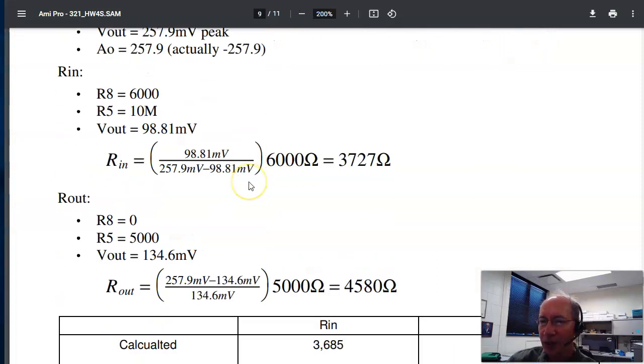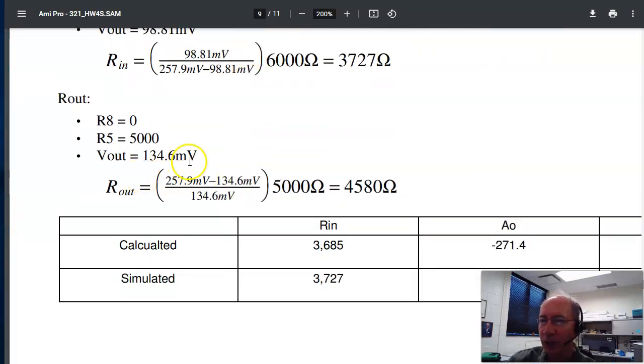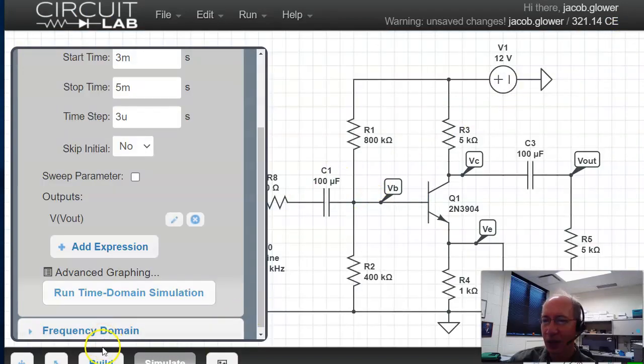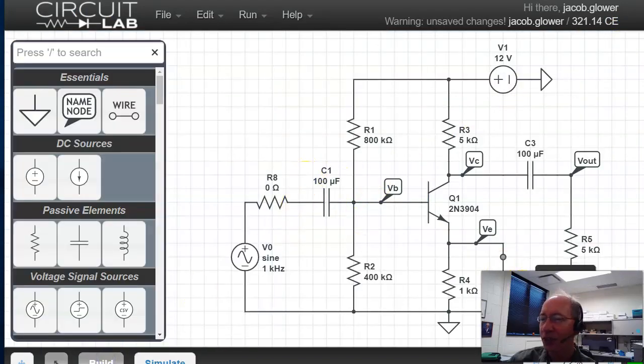What that tells me is the output resistance will now be the original voltage, A out, minus the new voltage, over the new voltage. If this is half of that, I'll just get 5K. This is actually 4580 ohms. So that's kind of how experimentally you find the two-port parameters. Build a circuit and do a couple tests.